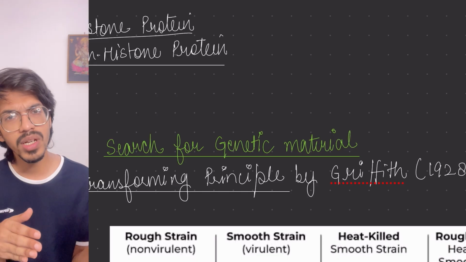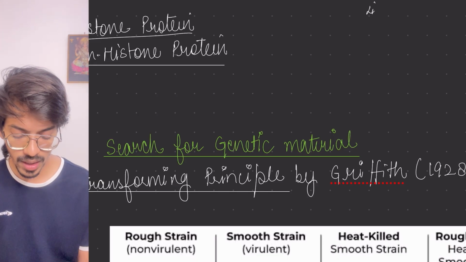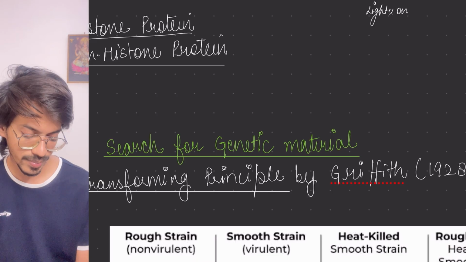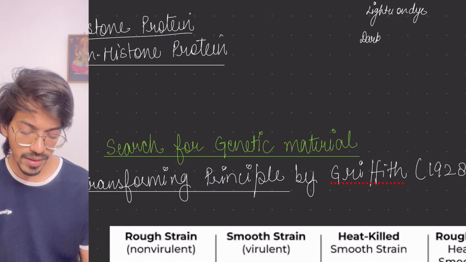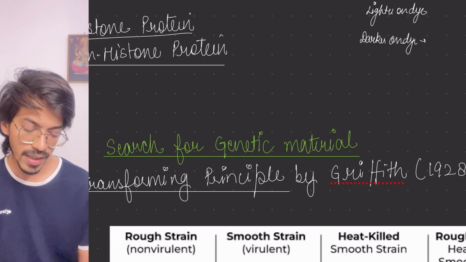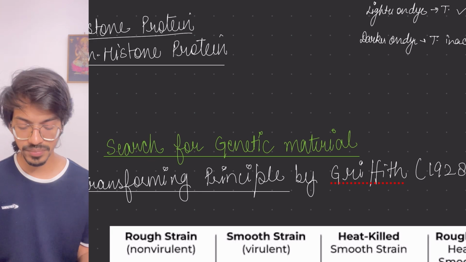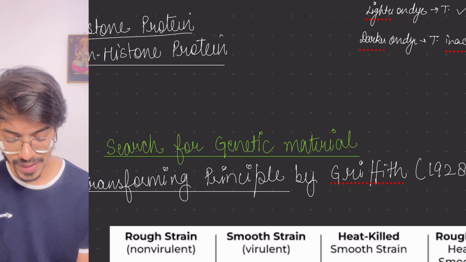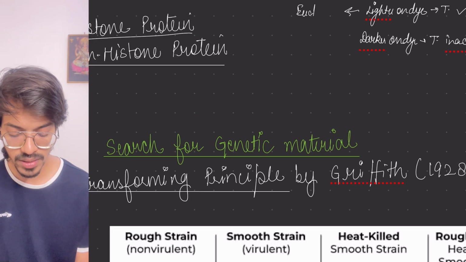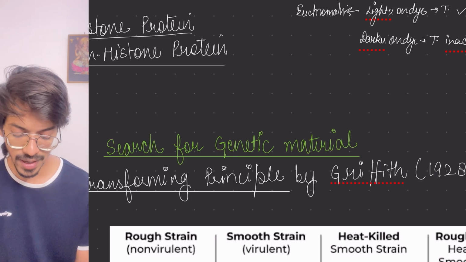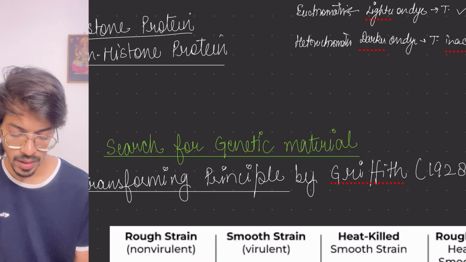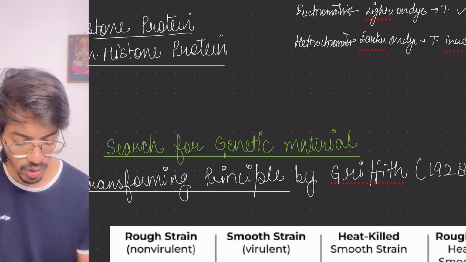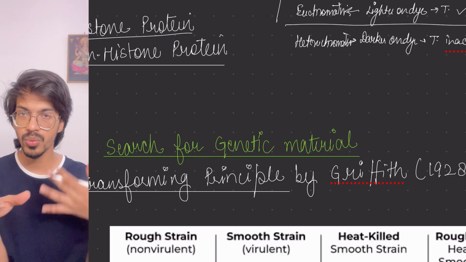When it is transcriptionally active, it will be lighter on dye, and if it is darker on dye, it is transcriptionally inactive. The lighter one is called euchromatin and the darker one is called heterochromatin. We will talk more about euchromatin in the subsequent part.